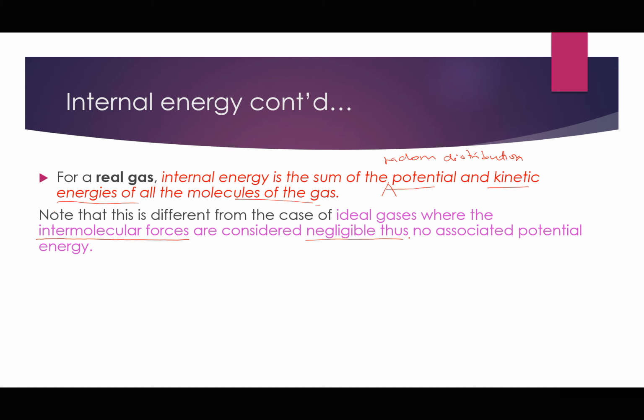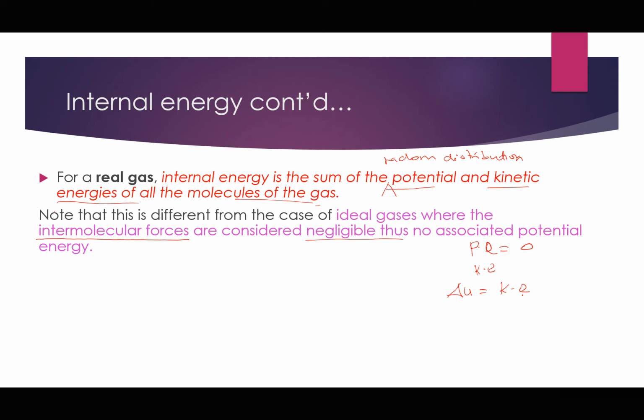So the potential energy contribution is zero for an ideal gas. It means it is only the kinetic energy contribution which is considered for internal energy. Therefore, the internal energy of an ideal gas is the sum of the random distribution of the kinetic energies of all the molecules that make up the system.